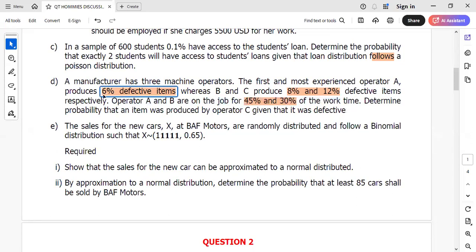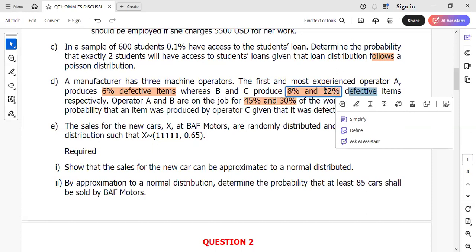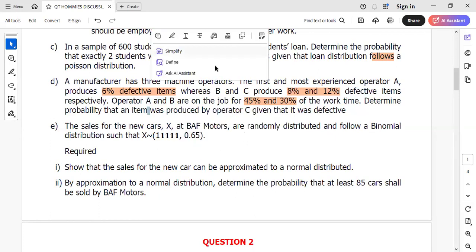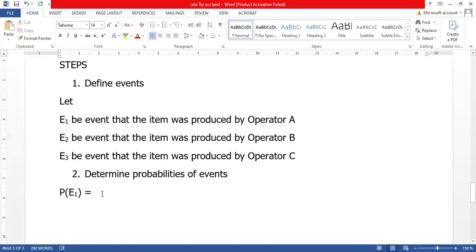Here the 6%, 8%, 12% talk about defective, but at this point you're not talking about defective. You're just looking at your operators. So the first one will be 0.45.